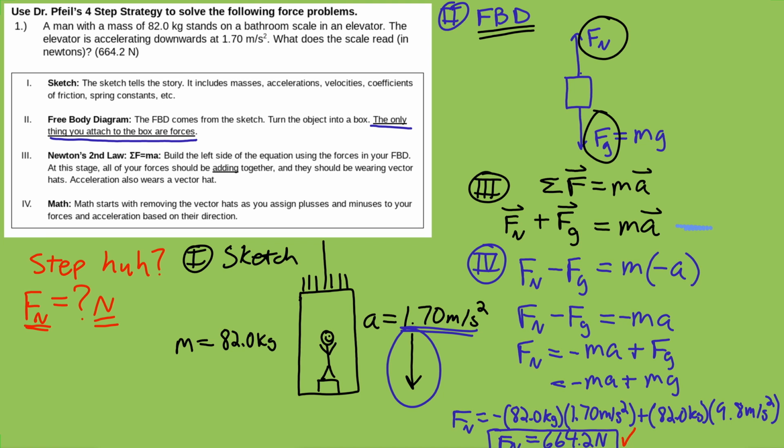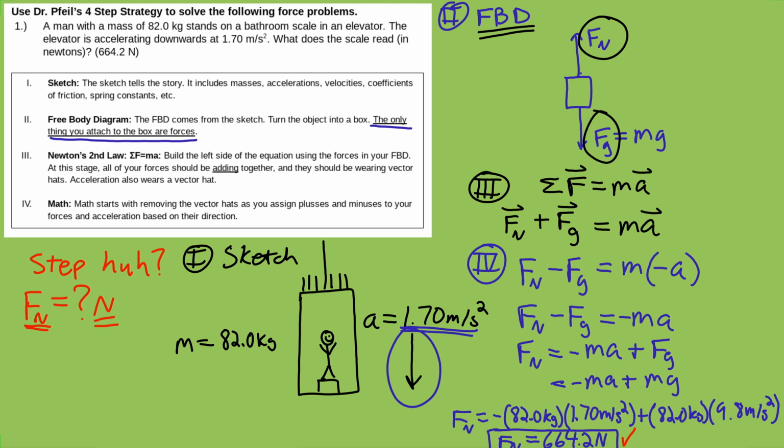In the second line, for sigma F, go back to your free body diagram, grab all of your forces, put hats on all of your forces, and plus them together. So in step 3, all of the forces wear hats, and all of the forces get plus together. And in this case, the right side just stays equals ma with a hat.